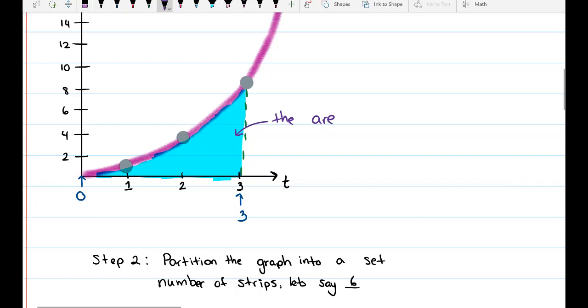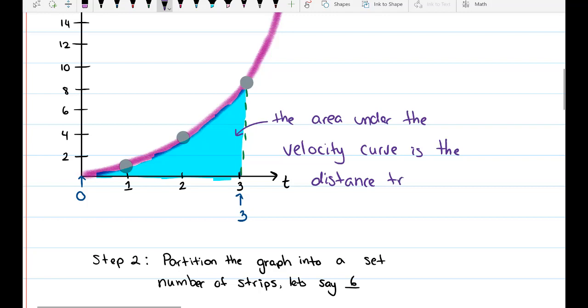The area under the velocity curve is the distance traveled.